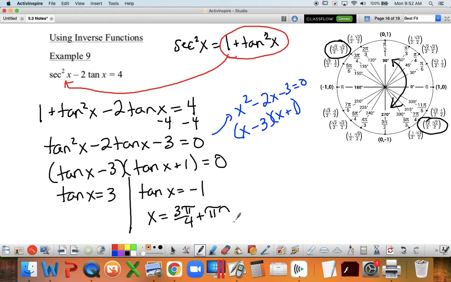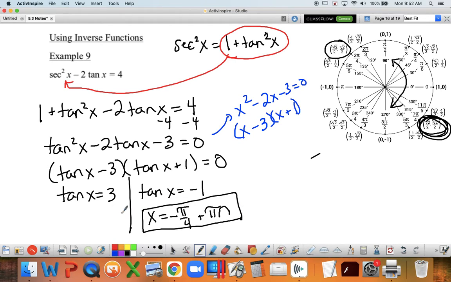So what we actually want to do is not use 3 pi over 4, but use instead negative pi over 4. We're going to use this one as our main angle. I know, that's a little trickeration. Honestly, I think if on a test you use 3 pi over 4, it would be perfectly fine. But remember, we do have to include those requirements there. So that solves that one.